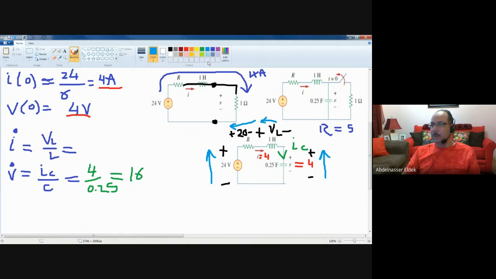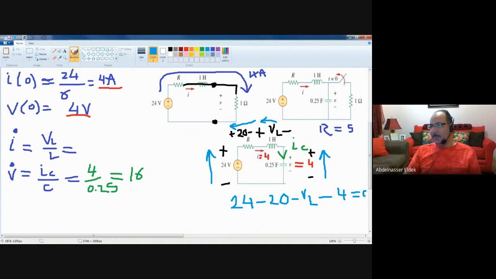If you assume that the clockwise direction is the positive direction, then 24 is positive, 20 is negative, VL is negative, and 4 volt is negative, equal to 0.